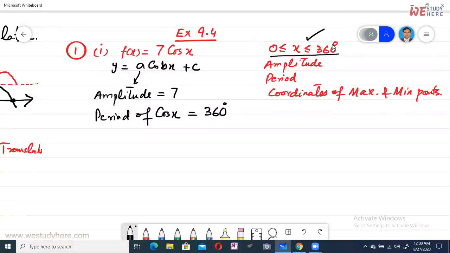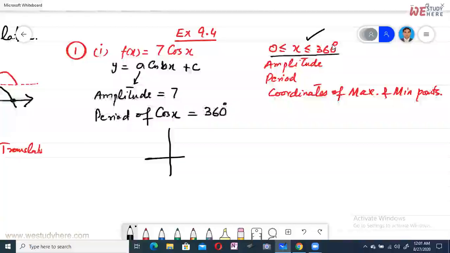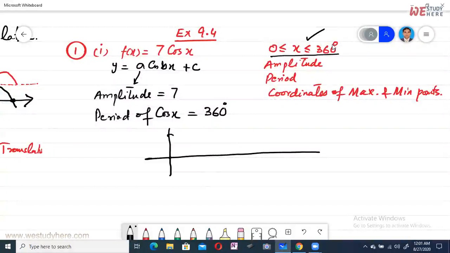After that, it is asking for the maximum and minimum points. You know what the maximum point is and what the minimum point is. From the sketch you can understand easily. The graph of cos is like this.